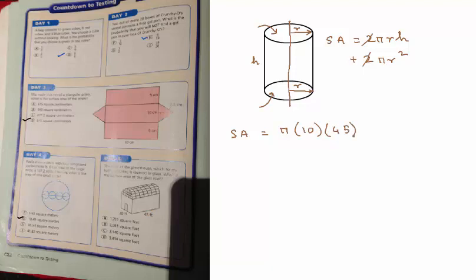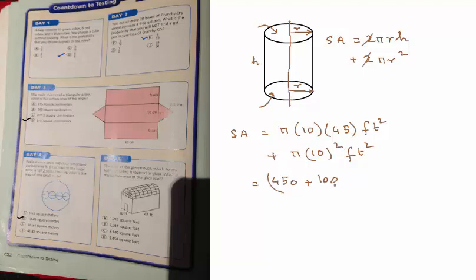45. That's square feet. That's for the curved portion of the greenhouse, plus pi times square of the radius. So that's 10 square. That's square feet for the circular portions. So let's add them up. 10 times 45 is going to be 450, plus 10 times 10 is another 100.